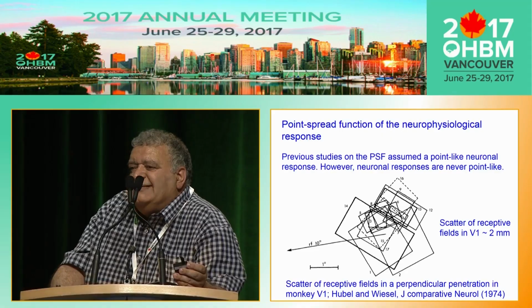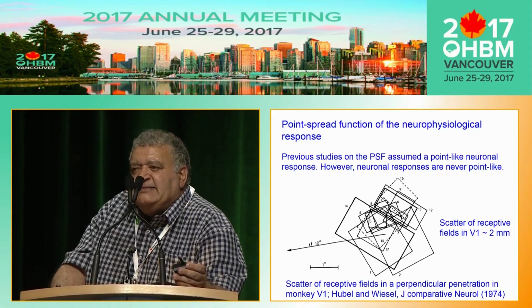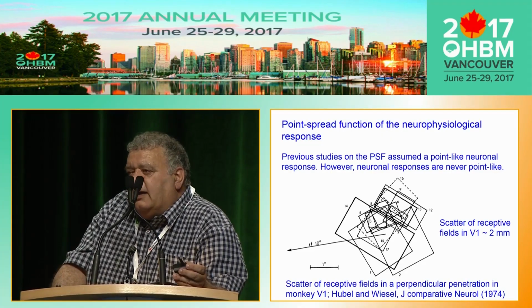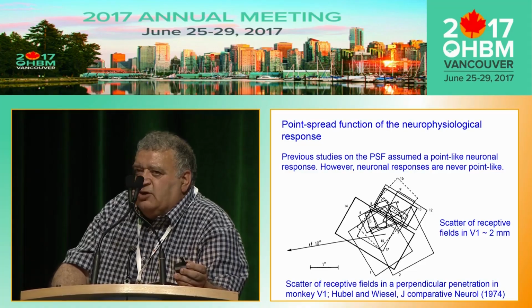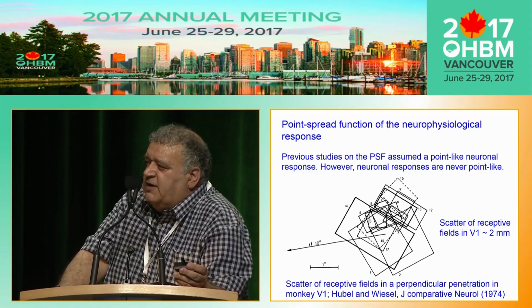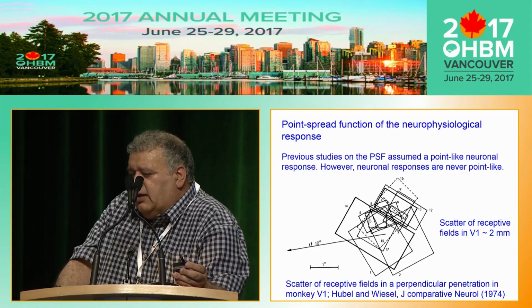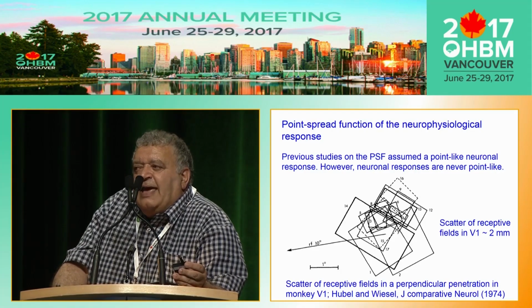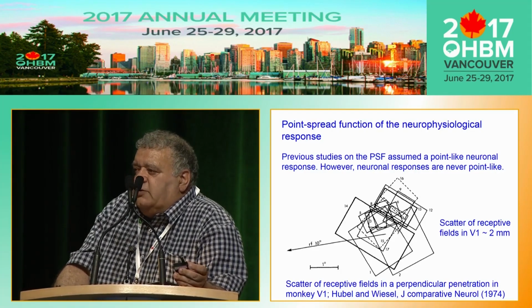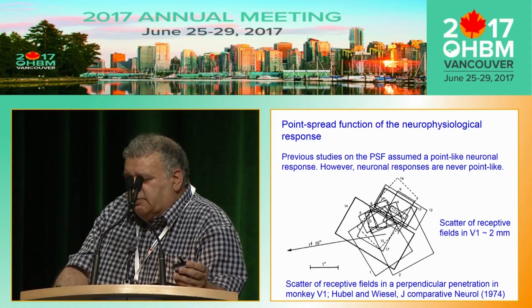The neuronal response itself has quite a reasonable spread. So previous estimation of the point spread function in humans based on BOLD response accounts for both the spread of the neurophysiological activity and the BOLD response.